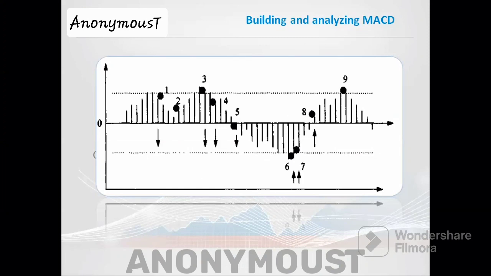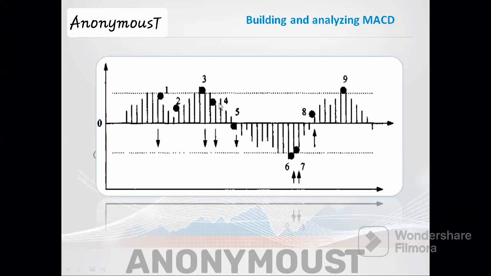This is called the moving average convergence and divergence, which is in short called MACD. Here, this is the typical movement of MACD, wherein you see it touches the high, it goes down. Again it touches the same point, again it goes down.